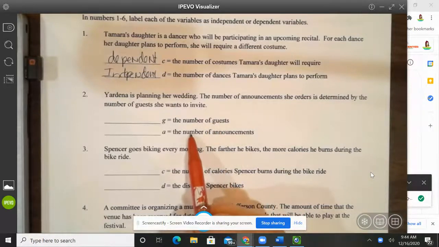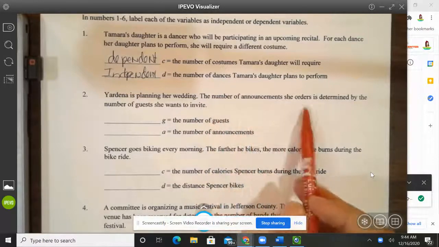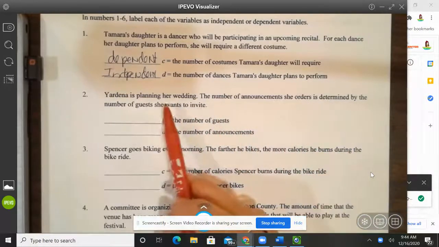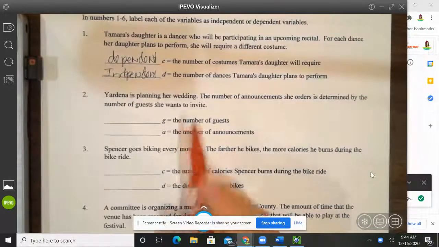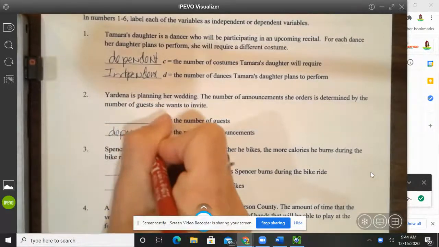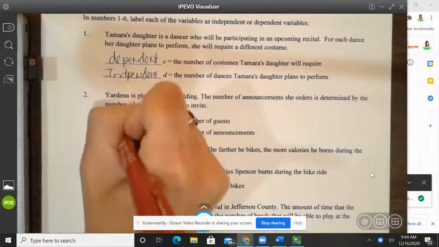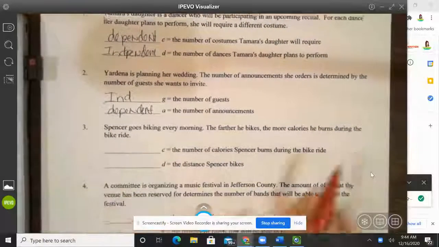It says the number of announcements she orders is determined by the number of guests she wants to invite. So the announcements depend on the guests. This is the dependent variable, and this is the independent. I'm just going to write independent here. Okay, next one.